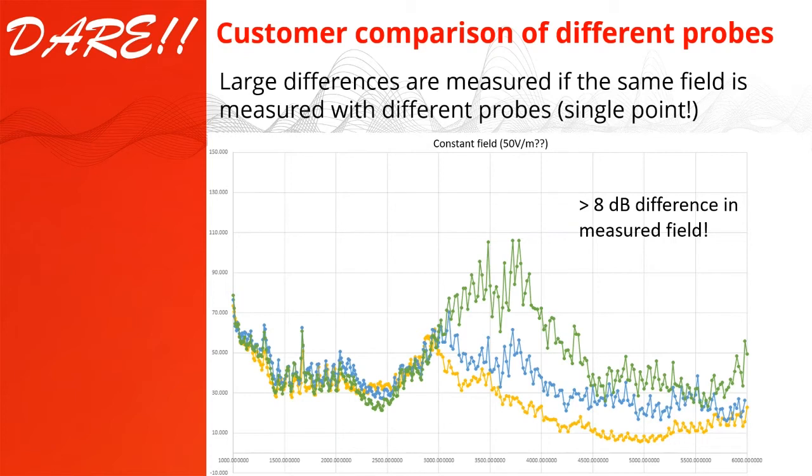At some point, one probe is almost giving more than 100 volts per meter, while the other one is measuring below 30 volts per meter. So this is a huge difference. And there's only one explanation for this, that it's really the isotropic performance. At 3 gigahertz, the isotropic error really starts to grow, and this then contributes to a completely different field strength measurement.